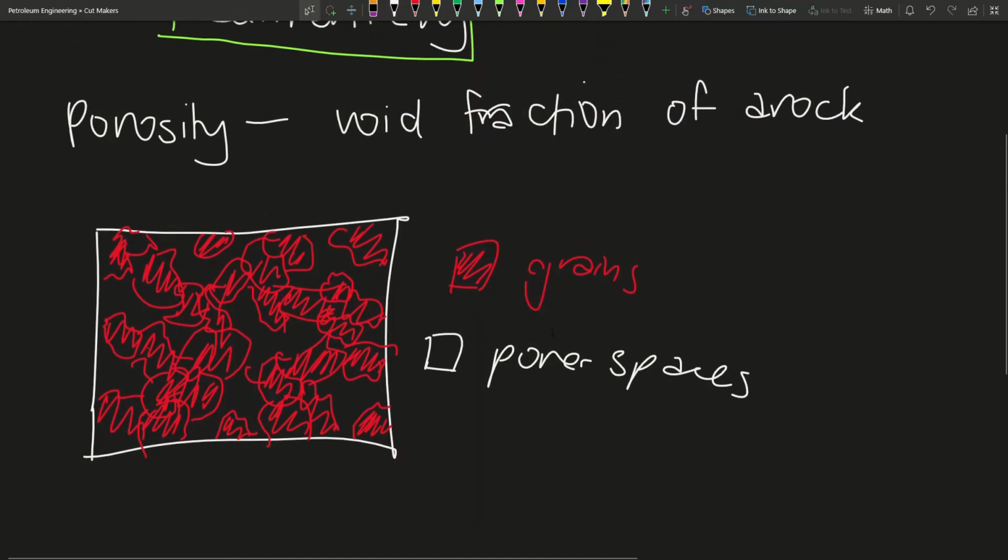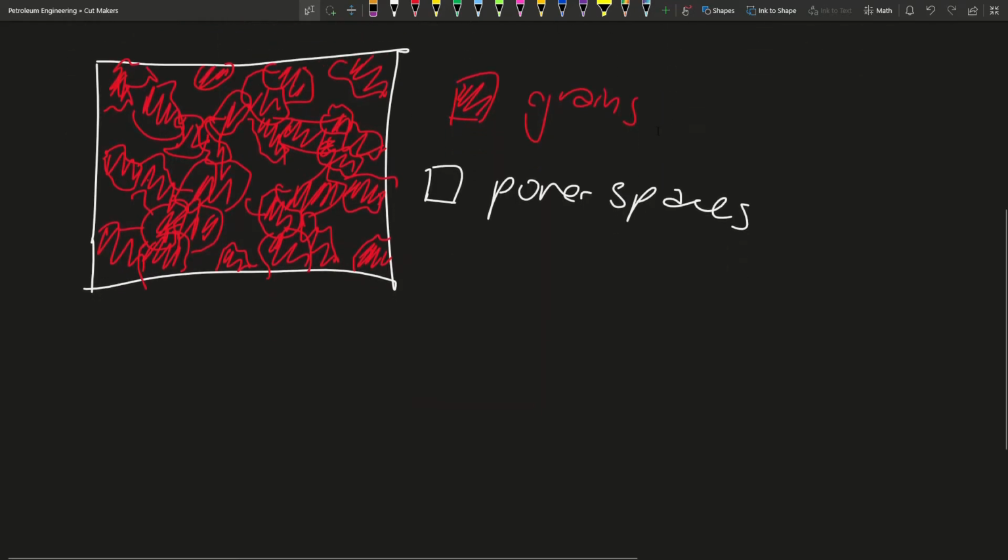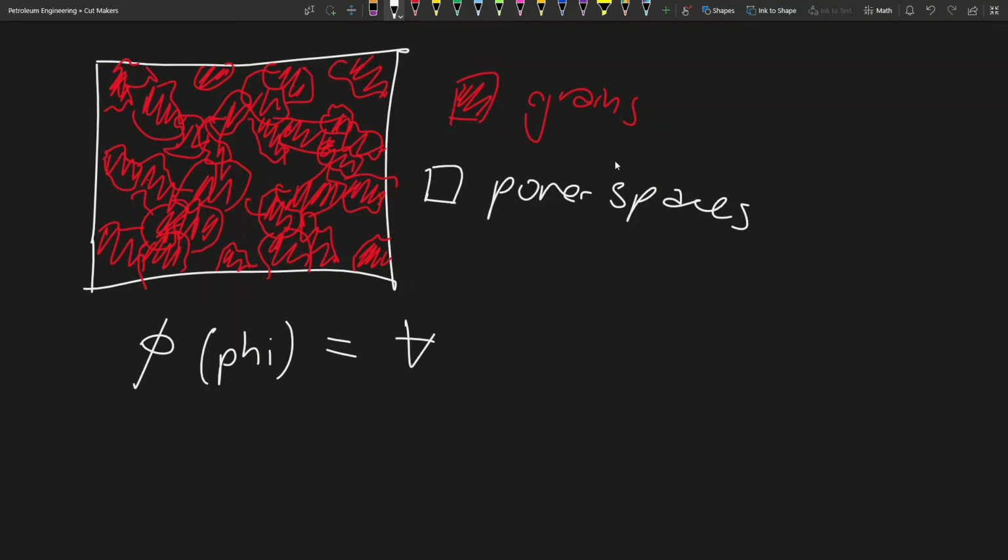So given this view of a rock, and also the definition of porosity as the void fraction of a rock, we can actually write a formula. Porosity, which is typically defined using the symbol phi, is equal to the pore volume, which is the volume of the pores in a given sample, over the bulk volume.